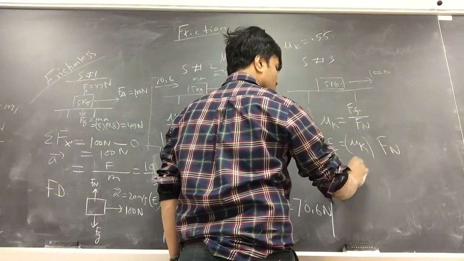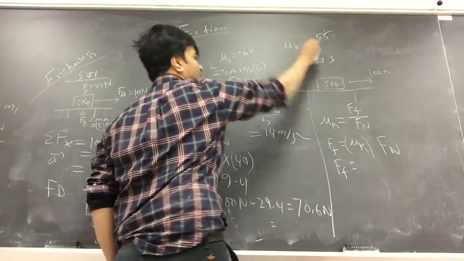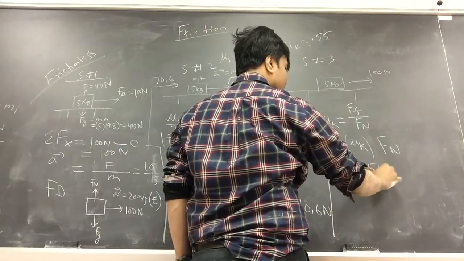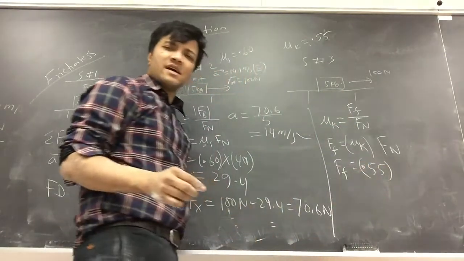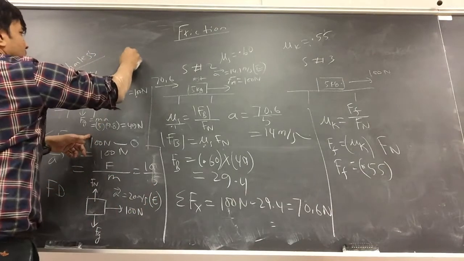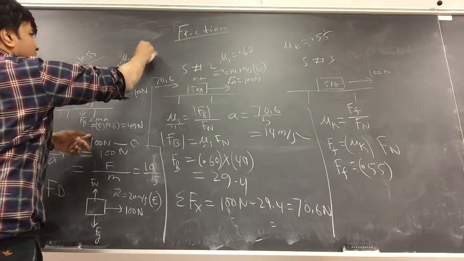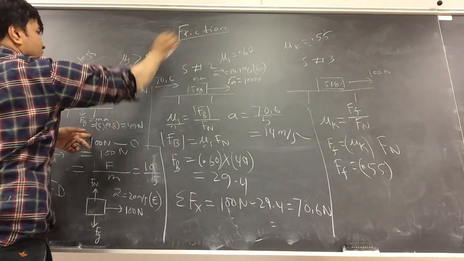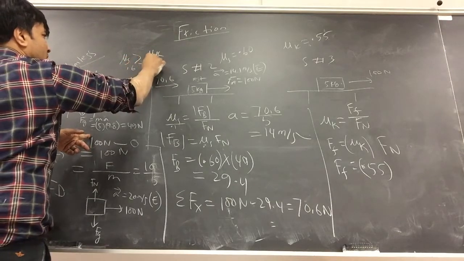So this 0.55 is the coefficient of kinetic friction. As we said, mu s is always greater than mu k. So mu s is 0.6 and mu k is 0.5.